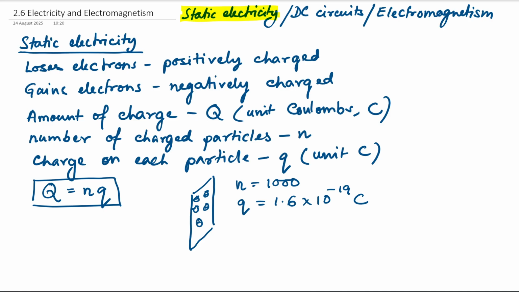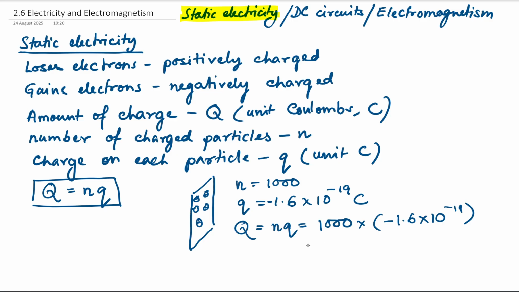So then the total amount of charge, and it's negative because electrons have negative charges. So the total amount of charge that this metal plate will gain is N times q. So it's going to be 1000, because it has gained 1000 electrons, times the charge on each electron, 1.6 times 10 to the power of negative 19.